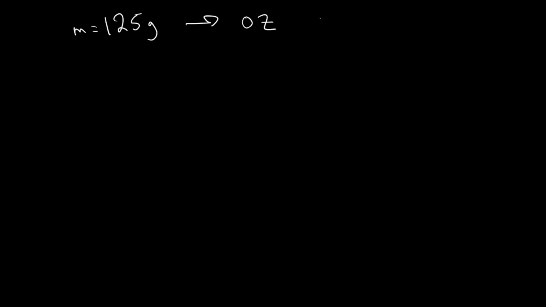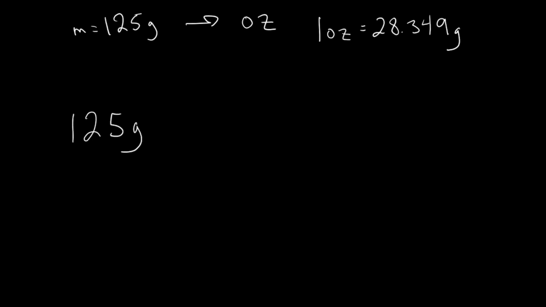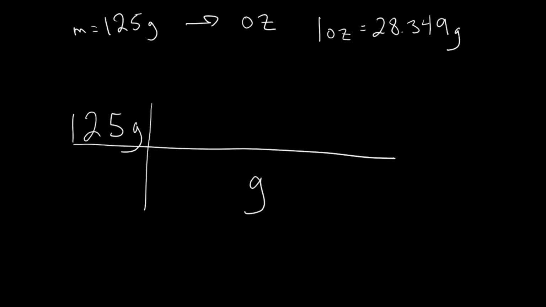And one thing we're told is that 1 ounce is equal to 28.349 grams. So I'm starting with 125 grams. And I want to get rid of grams. That means it needs to go on the bottom. And ounces, that means it needs to go on top, since that's what I want to end with. So that way our grams divide out.